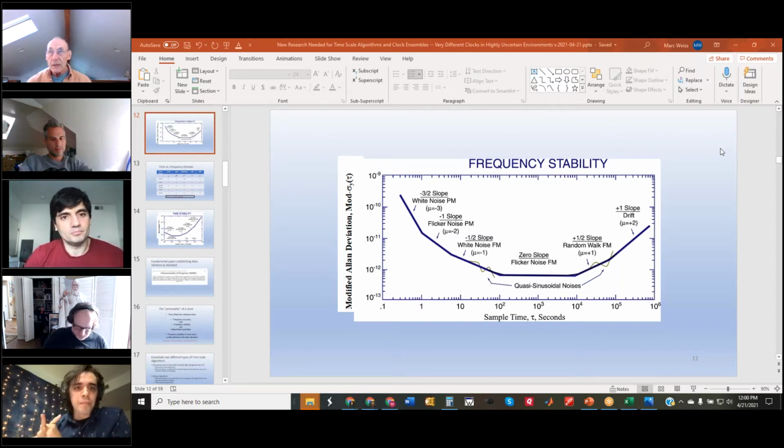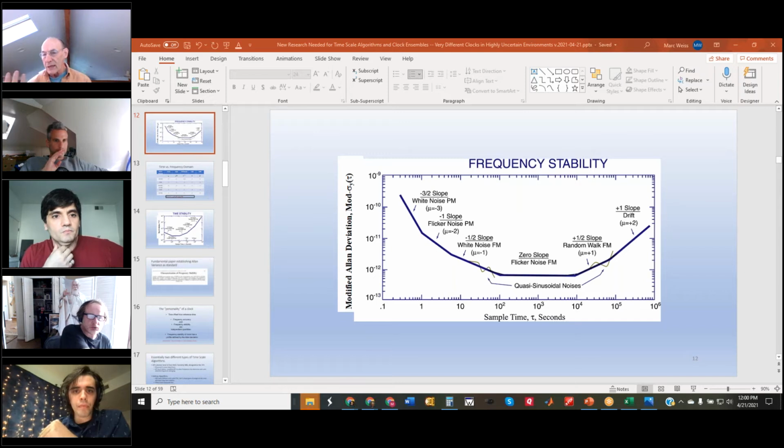But you have to include in your comment that the most refined clock may be hard to define because there are different properties that you can emphasize. Agreed. There are trade-offs, and you've got to decide what your trade-off is.